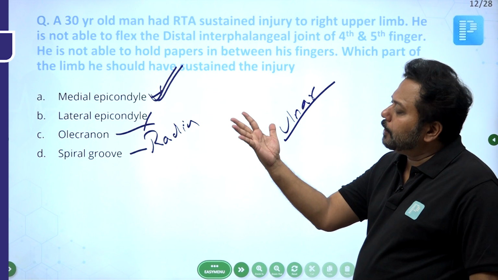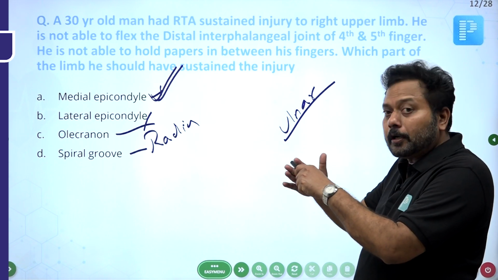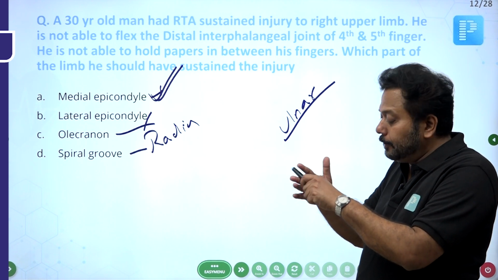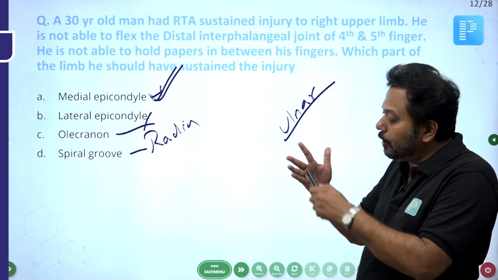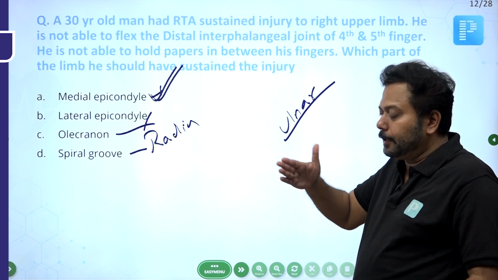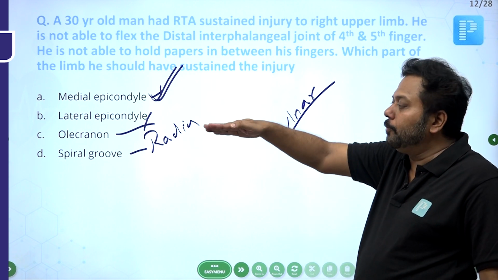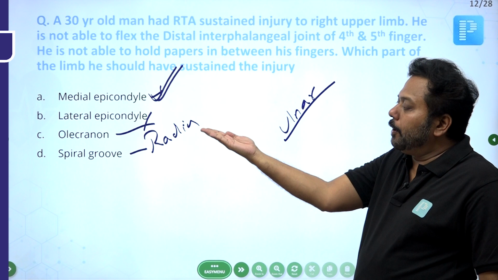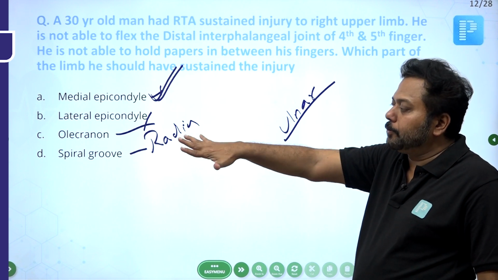And why is he not able to hold papers in between the fingers? This is called the card test, because the palmar and dorsal interossei are affected. For palmar interossei, you will do a card test. For dorsal interossei, what do you do? You ask the patient to pronate the hand, rest it on a table, and spread the fingers.